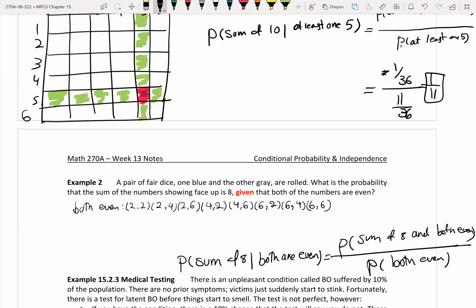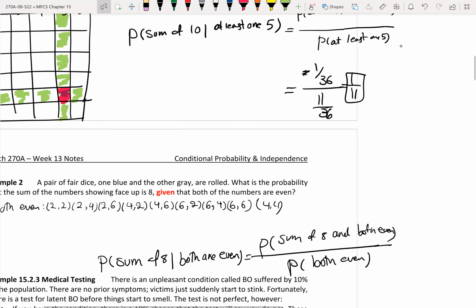Am I right? 1, 2, 3, 4, 5, 6, 7, 8. I didn't write 4, 4. 9. So you have 9 chances out of 36 to be both even. And which one has the sum of 8, which is the intersection?